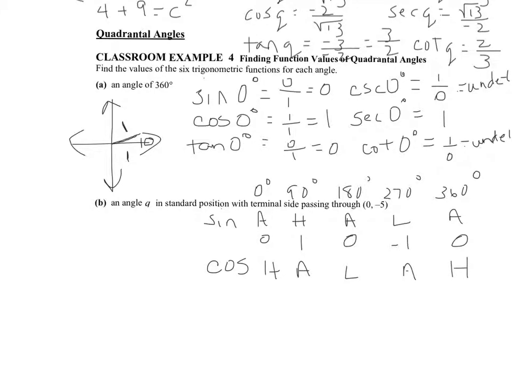Cosine starts high, so it's hala. Sine starts on the axis, so it's a hala. And that means at 0 degrees, the cosine would be 1. At 90 degrees, what would the cosine be? 0. What would the cosine be at 180? -1. 270 is? 0. And then 360 is high, so it's 1. That would be a quick way to sketch this out.